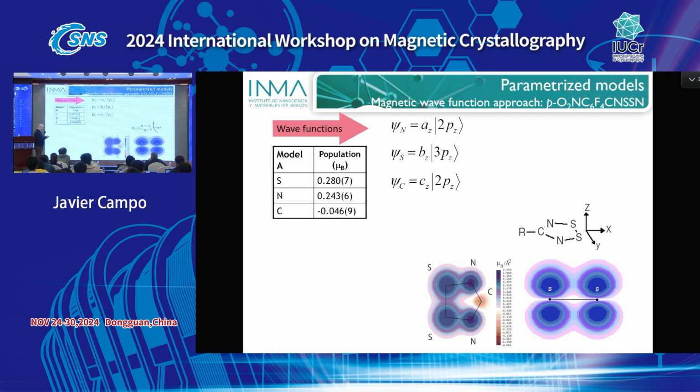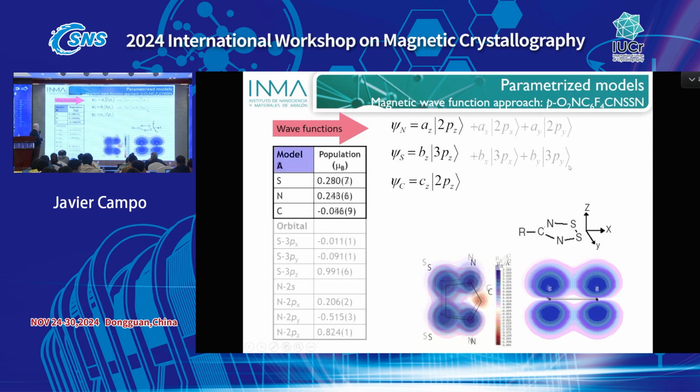Here you can see the different models using magnetic orbitals for nitrogen, sulfur, or carbon. The magnetic part is here, the projection on the plane, and the view from the back. You can see the pi form with one model, and you extract how much magnetic moment is in every atom.